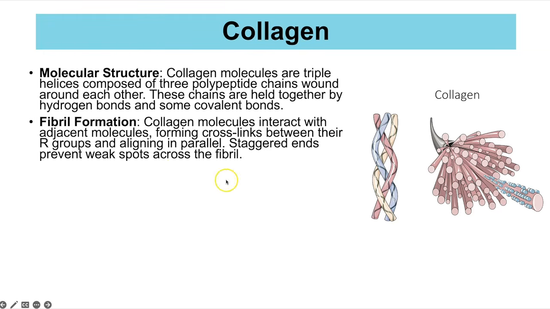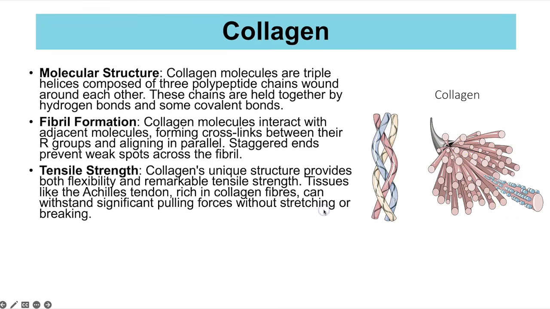The fibril formation then is that the collagen molecules interact with the adjacent molecules next to them, and that's going to form these crosslinks between their R groups, and they can then align in parallel. We get these staggered ends which prevent weak spots in the fibril. So overall it creates a tensile strength. So collagen's unique structure provides both flexibility but also tensile strength.